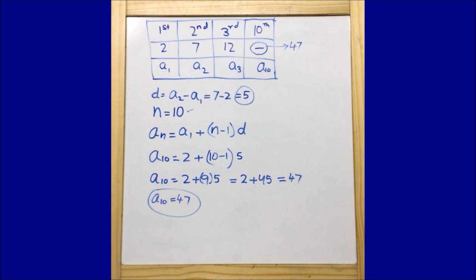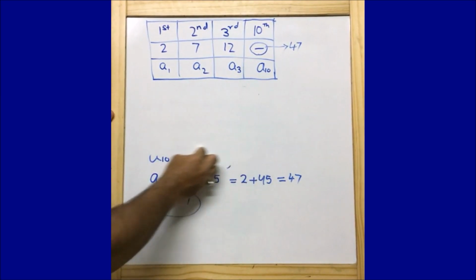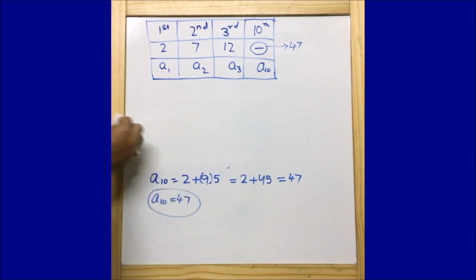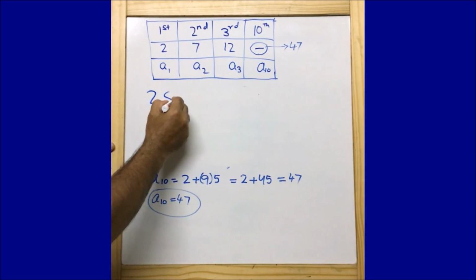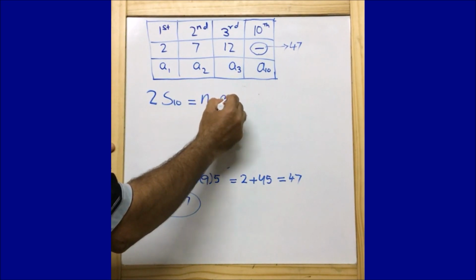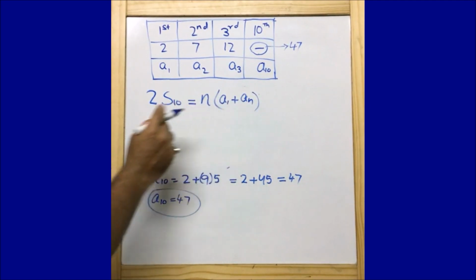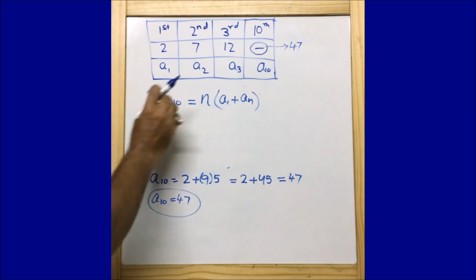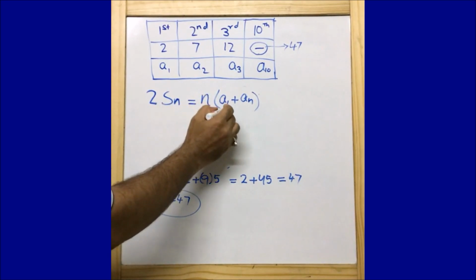Fine. Now we are going to find the sum of 10 terms here as per the question. The formula we very well know for finding the sum of the first n terms is 2Sn is equal to n into a1 plus an.